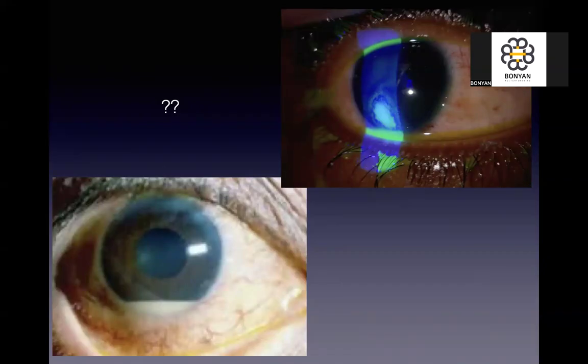So this is just a scratch, no infection. So you have to find and correlate the clinical findings together to know about the ulcer, scratch, sterile hypopyon, and the infectious and non-infectious presentations or causes of the keratitis.